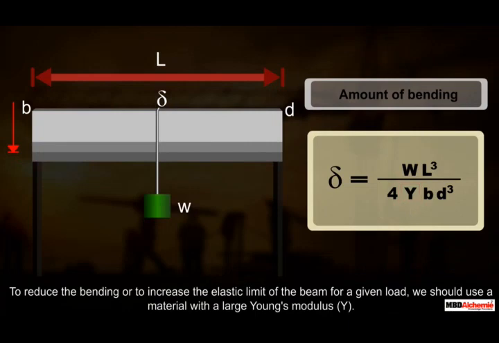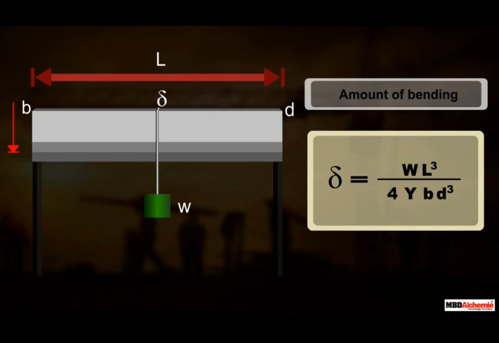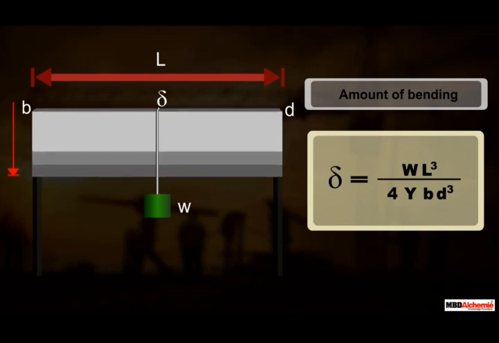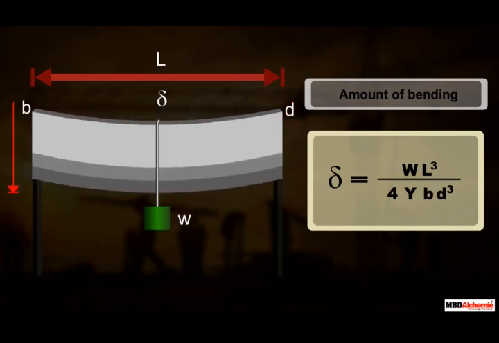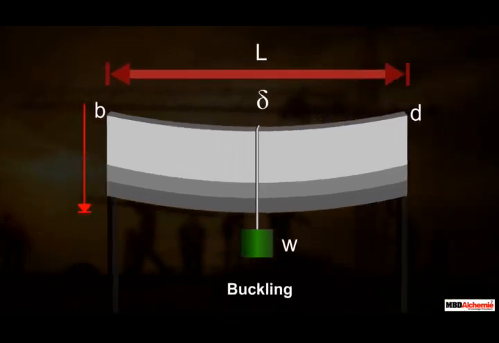We can see that to reduce the bending or to increase the elastic limit of the beam for a given load, we should use a material with a large Young's modulus Y. For a given material, as you can see from the formula, increasing the depth D can reduce the bending to a great extent. But on increasing the depth, the bar may bend as shown.